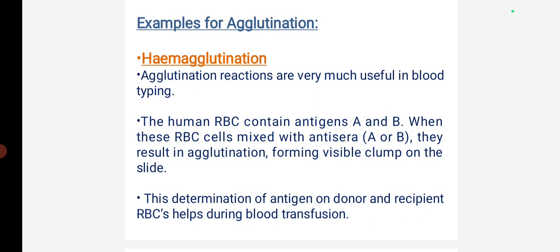The human RBC contains antigen A and B. When these RBCs are mixed with antisera A or B, they result in agglutination, forming visible clump on the slide. This determination of antigen on donor and recipient RBCs helps during blood transfusion.